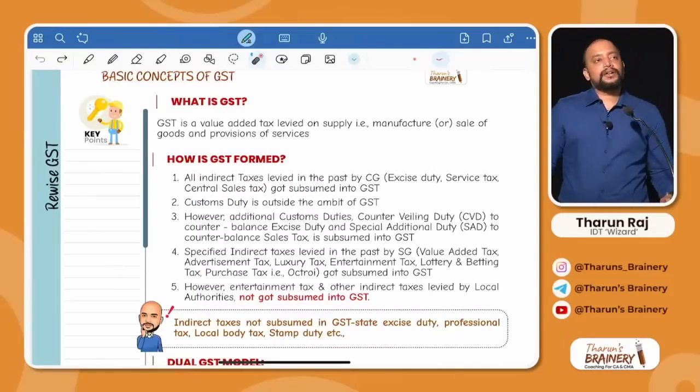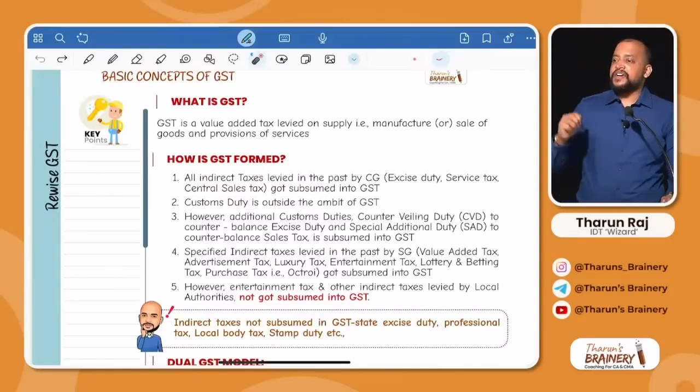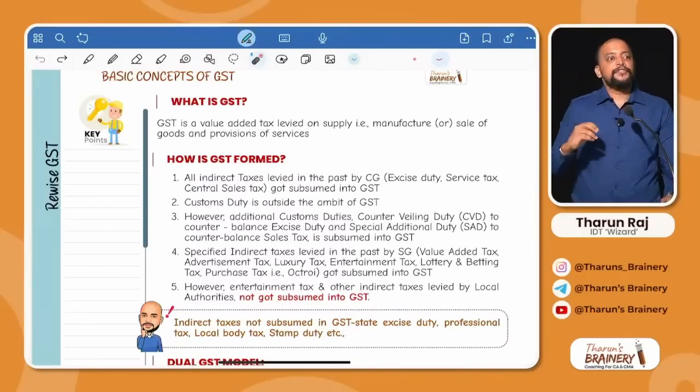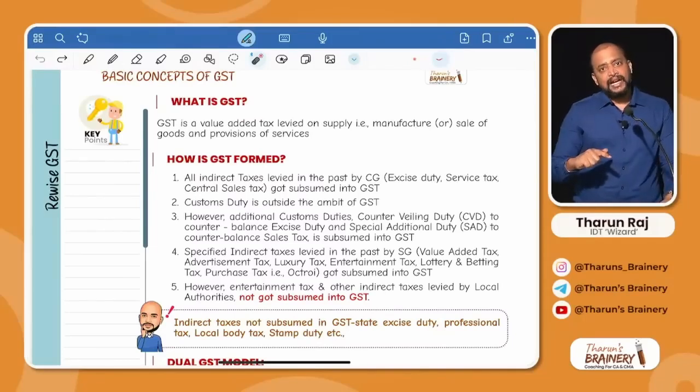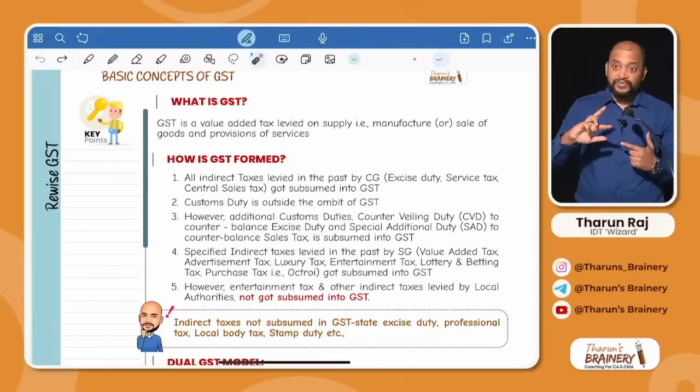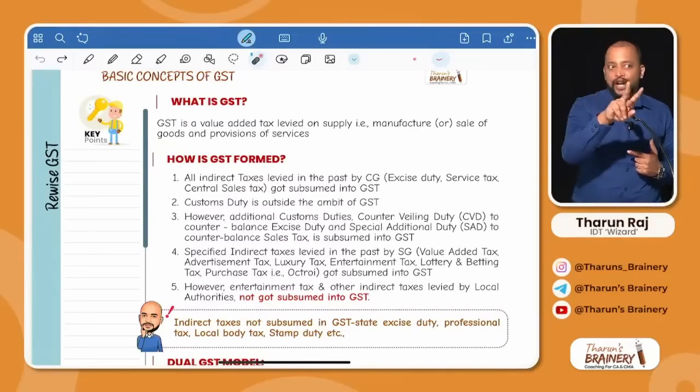Taxable event means what? Indirect tax is event based taxation. Event based taxation means there is an event, and on happening of that event, we need to pay tax, that is known as a taxable event. Example, even income tax is event based only. If you don't have a capital asset, transfer of capital asset, capital gain will not come.